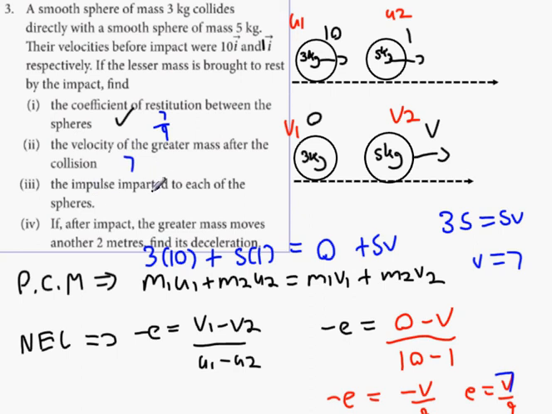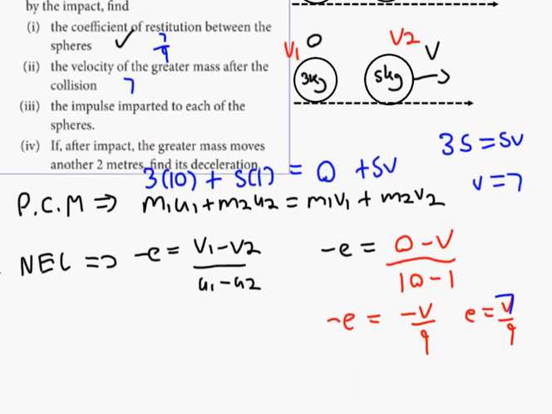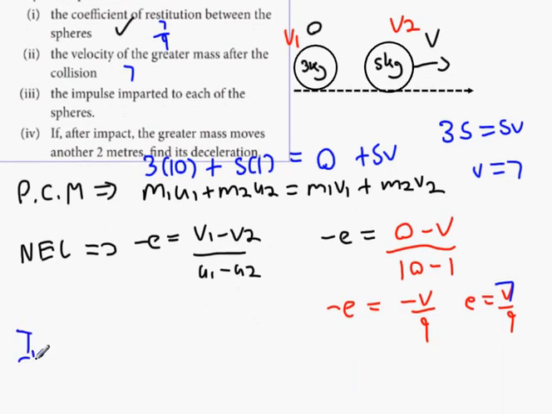The impulse imparted to each of the spheres. How do we do impulse again, guys? Anybody remember impulse? It equals momentum after minus momentum before, mv minus mu. Now, you can take either particle you want. You can take the 5 kilogram particle or the 3 kilogram particle.